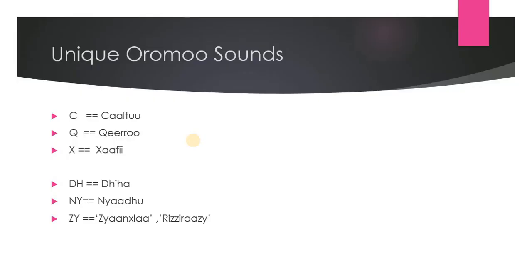There are things that you have to know about the uniqueness of Oromo sounds, especially for those who speak English. There are English alphabets which are named differently and used differently. For the majority of them, the use and the sound are as they are used in English, so there's no change for most of them.